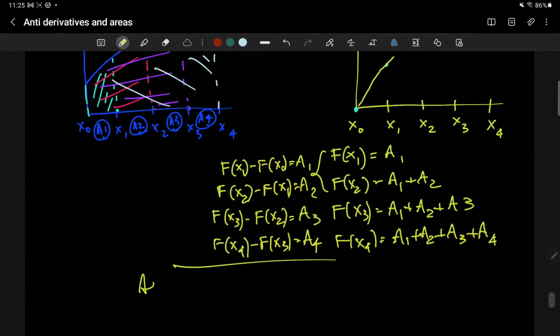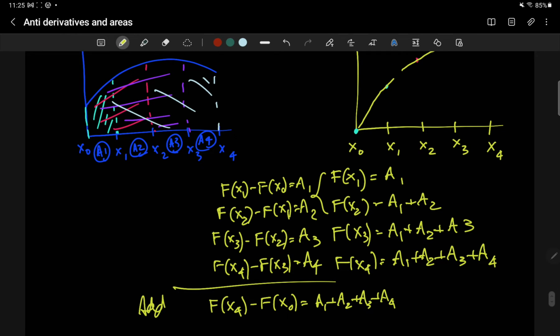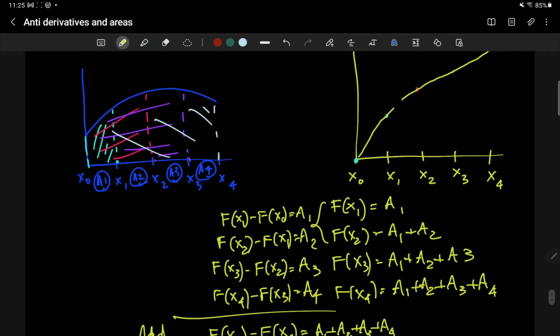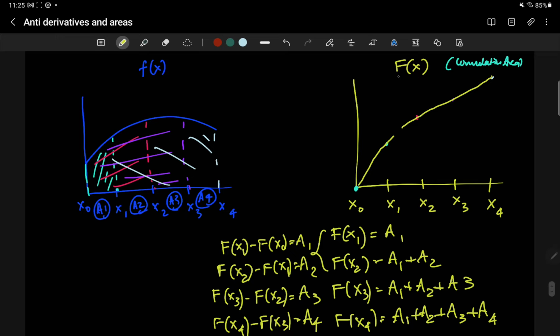And if I add them up, these capital F's cancel each other out, and I get F of x4 minus F of x0 is the sum of all of these. Which is nice, because it's telling me that if I have the antiderivative function and I find its value at the end point and the beginning point, and look at the difference, this difference is basically the area under the curve.